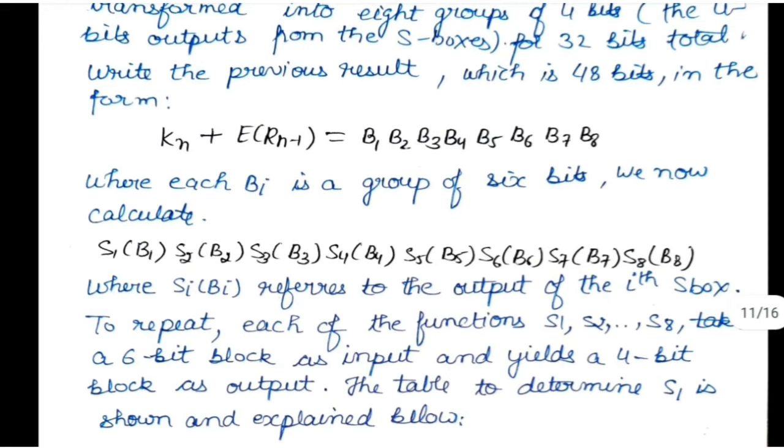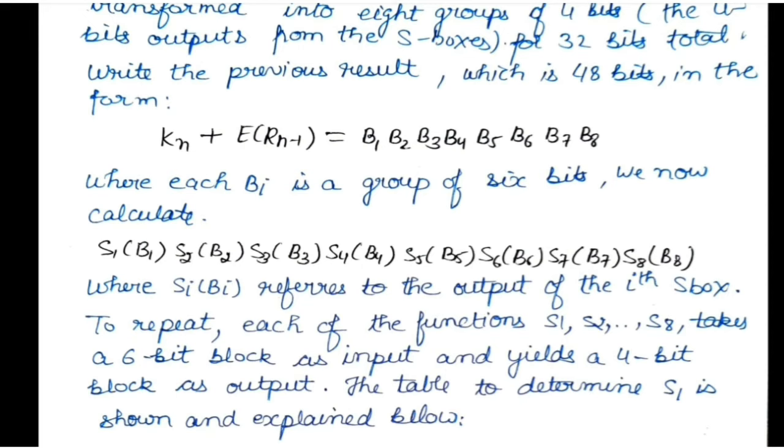We write the previous result, which is 48 bits, in the form of Kn plus E(Rn minus 1) equal to B1, B2, and so on to B8, and each Bi is a group of 6 bits. We now calculate S1(B1), S2(B2), and so on to S8(B8), where Si(Bi) refers to the output of the ith box.